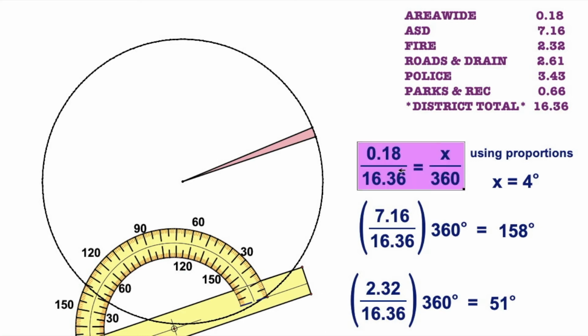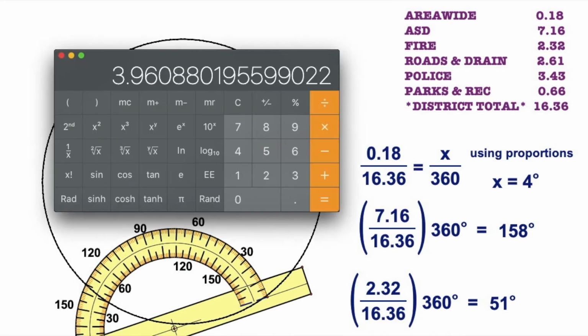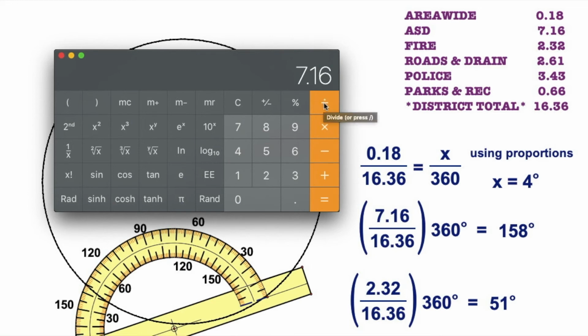Now, you could do this method, the proportion, or you could do this. This has a benefit, and you'll see that in a minute. Let's take that calculator. I could say 7.16, I could just leave the decimals out, but I'll be honest, divided by 16.36 equals.